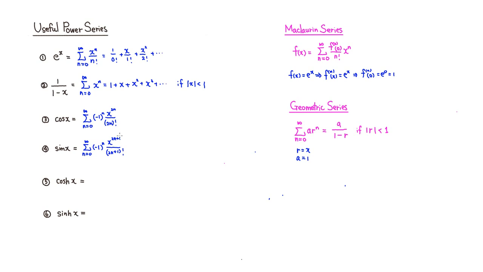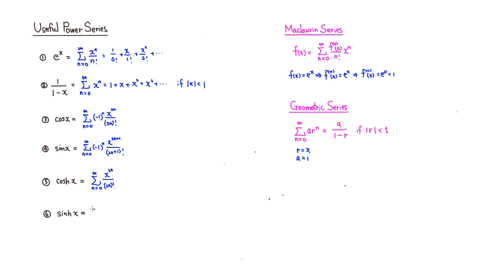The hyperbolic cosine and hyperbolic sine are very similar to cosine and sine, except that they're not alternating. For hyperbolic cosine, you have a summation, n goes from 0 to infinity, of x to the 2n, since it's an even one, over 2n factorial.